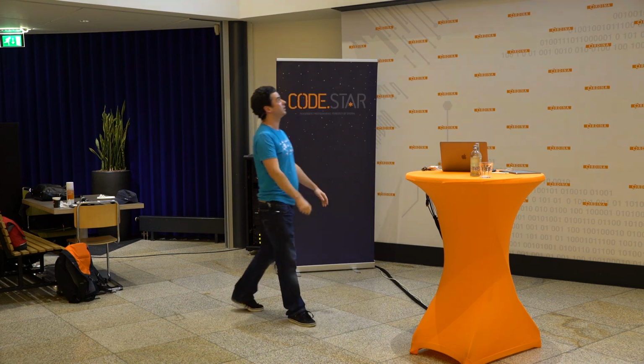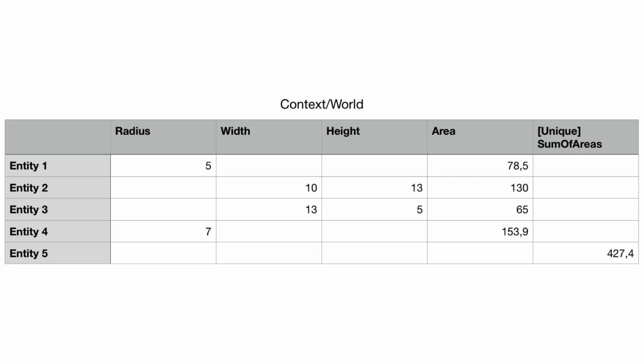Okay, so for example, here we introduce another component, which is called sum of areas, and then the system will just set this value for it. Also, in some implementations we can define this component as unique. What does it mean? It means that there should be only one entity with this component.